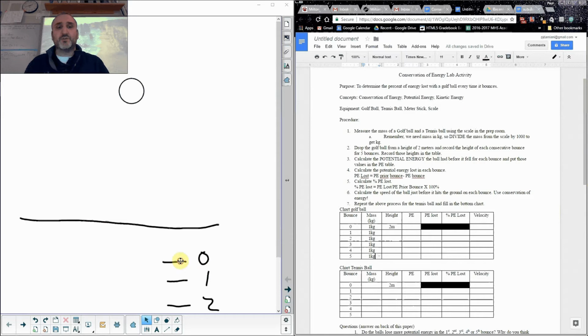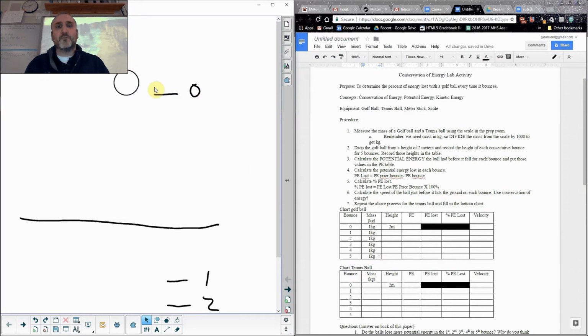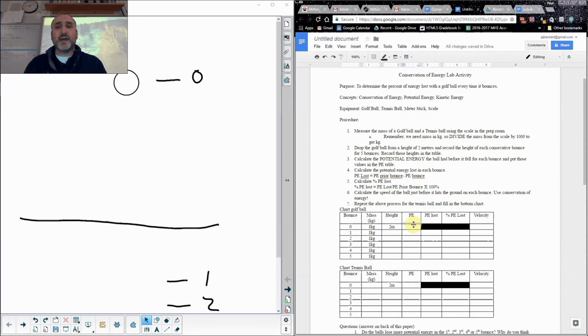You are going to drop the ball, so here's the ball. You're going to drop it from a height of 2 meters. And we're going to say that is the 0th bounce because it hasn't bounced yet. So you're going to drop the ball from 2 meters, and you're going to calculate the amount of potential energy that is in there. And if you remember, potential energy is mgh.